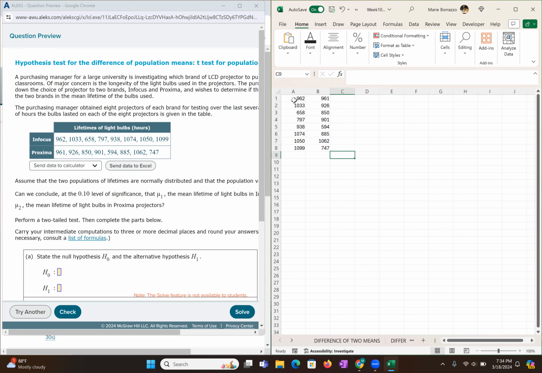And what I want to do for both of these is the first thing I want is the average. And I want the standard deviation and the sample size.